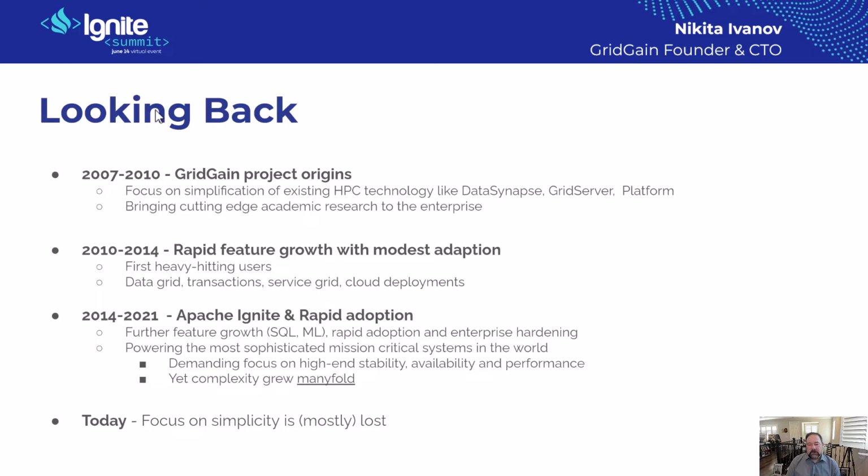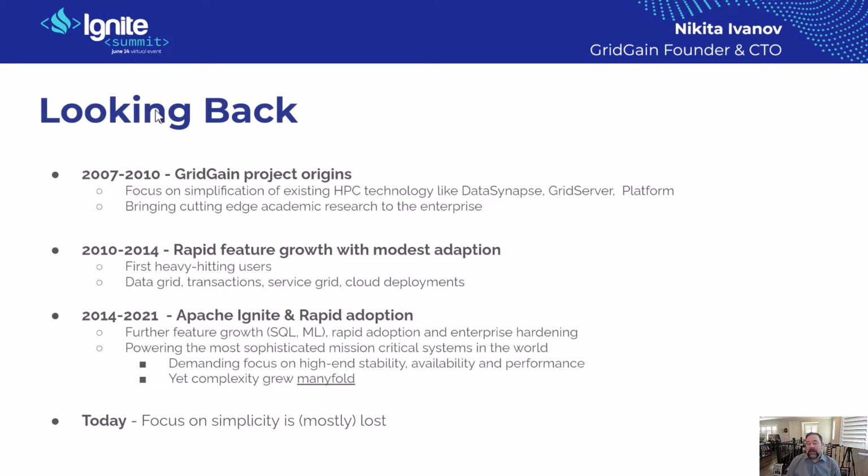Back in those days, there was plenty of existing high performance computing technology like the Synapse, the Grid server, the platforms and whatnot. And they were all characterized as very complex to use. And one of the original goals of the original GridGain project before I joined Apache Software Foundation was to really bring that technology, but with a much simplified user experience.